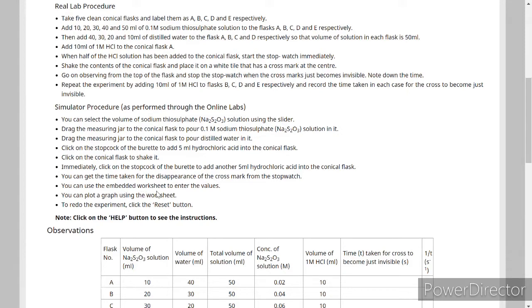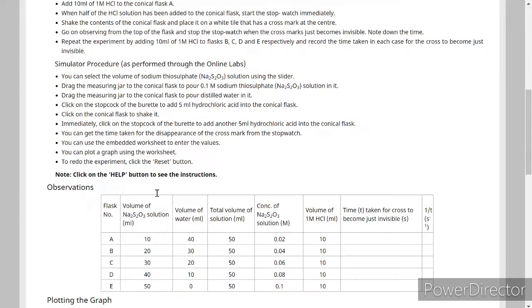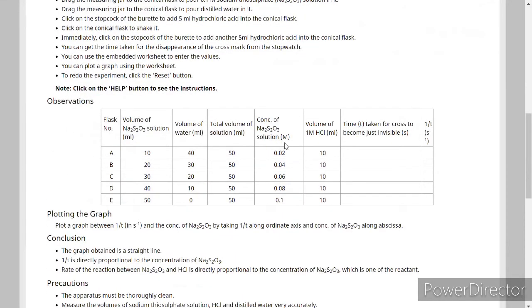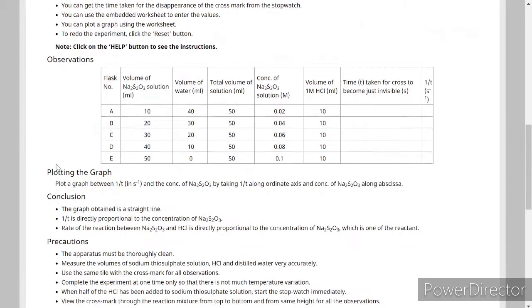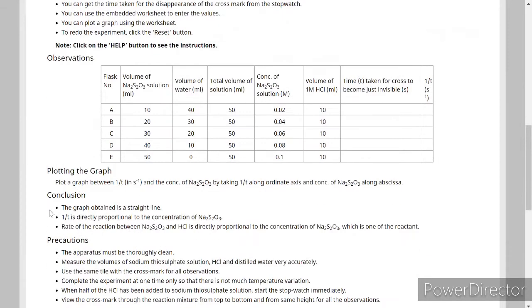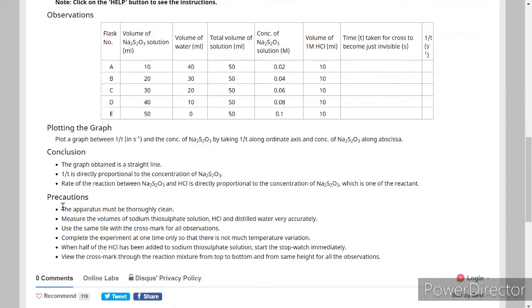Here I change to writing the data in Microsoft Excel, and after that we can also make the graph in Microsoft Excel. To redo the experiment, click the reset button. These are the tables of the observations. They also give the conclusion and precautions.